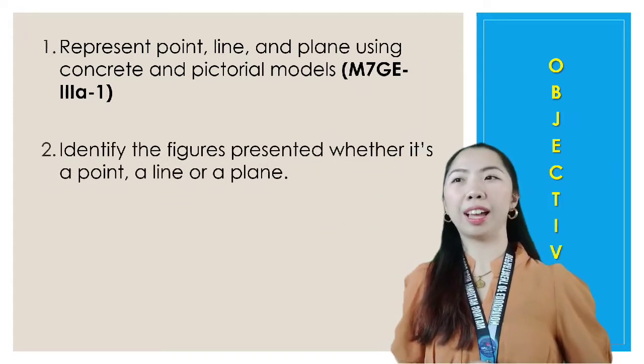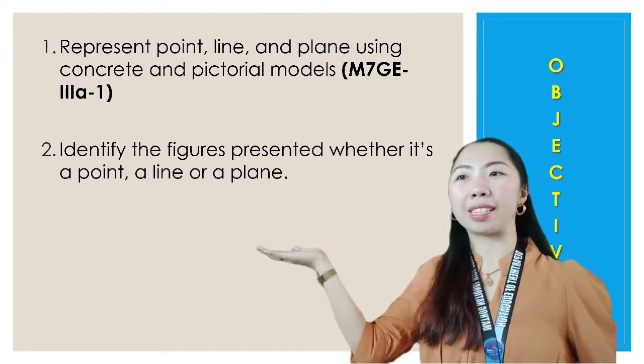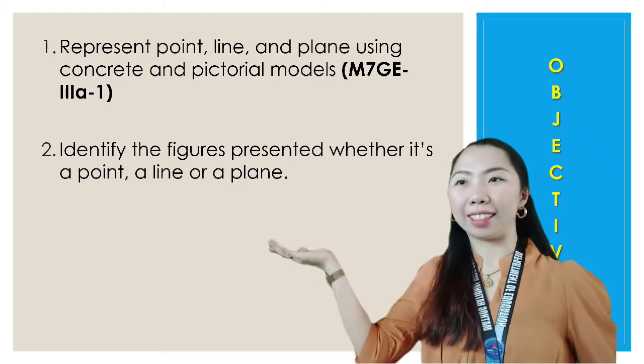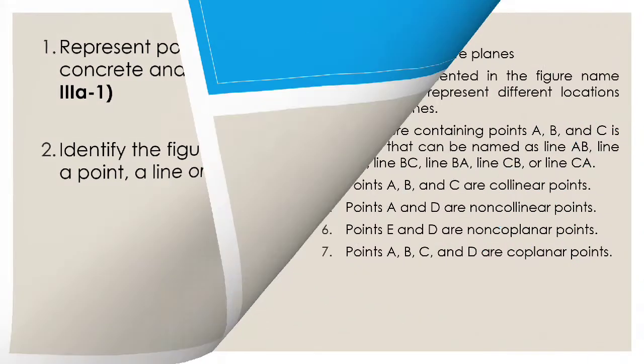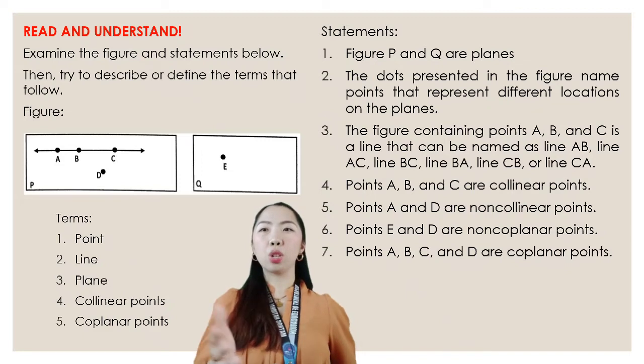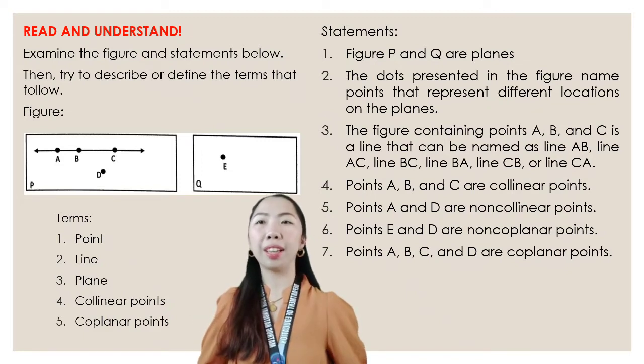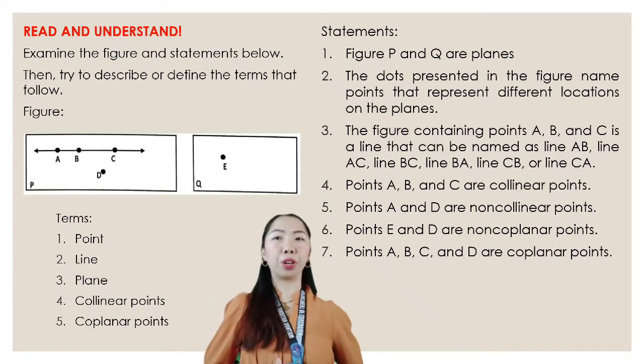And 2, identify the figures presented, whether it's a point, a line, or a plane. Read and understand. So as we move on with the discussion, let us try to read and understand the given figure and statements.